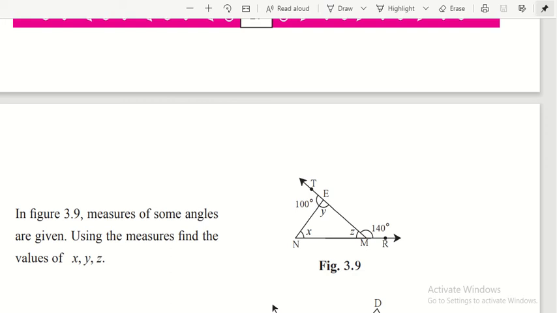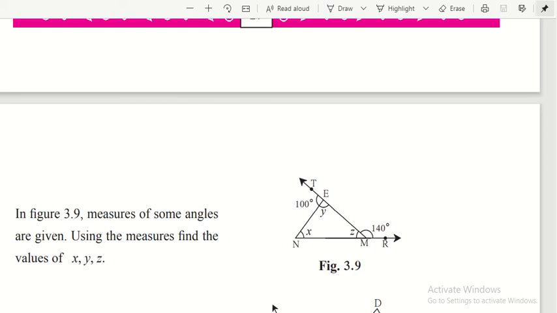Now another method. Now see, we can see here this angle, that is TEN and NEM. See, these both angles are in one line. So we can consider this as a linear pair. So 100 degree plus y degree is 180 degree.